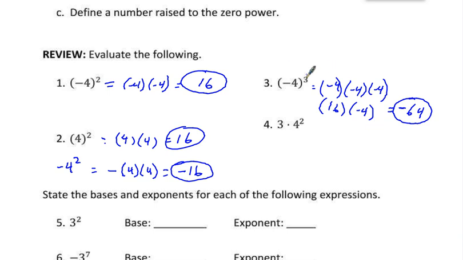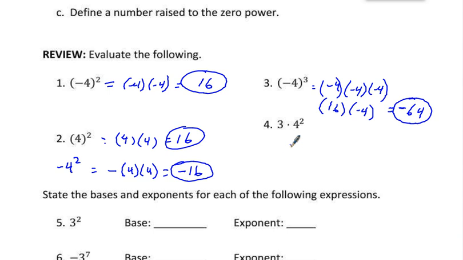If the exponent is odd, and we are raising a negative to that power, so a negative number raised to an odd power, the answer will be negative. If we have a negative number raised to an even power, we will get a positive answer.